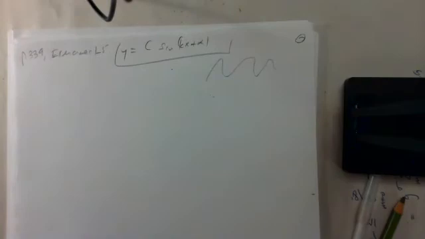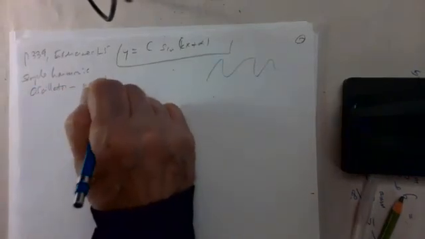So in 1 through 5, we're in the case where we have the sinusoidal motion. So this is a simple harmonic oscillator. There's no damping.